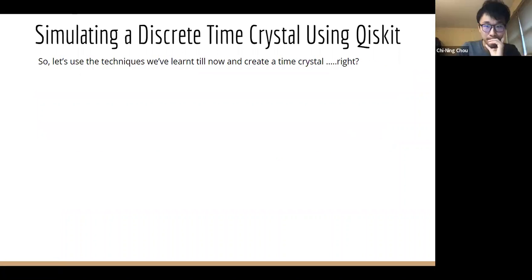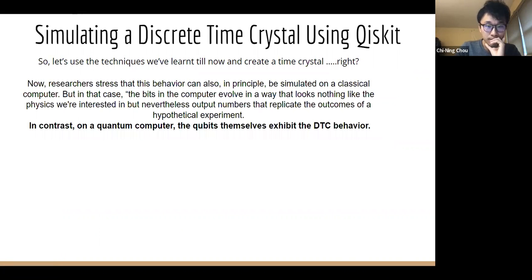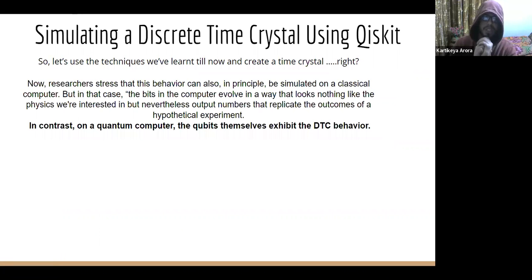Yeah, sure. So what I was saying is that many of you might wonder, and researchers also stress this, that in principle, we can simulate time crystals on a classical computer. But the problem is that the bits in our computer, the classical bits, don't evolve in a way that looks like the physics we are interested in, though the numbers that come out from the calculations replicate the outcomes of the hypothetical experiment.